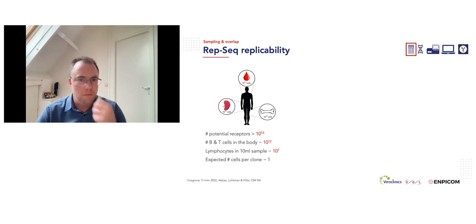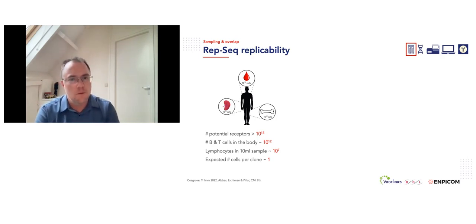All right, so what about Rep-Seq replicability or reproducibility? Before we start looking at that, I think it's good to remember what we are exactly measuring. We know that the number of potential immune receptors is of the order of magnitude 10 to the 15 or larger. The number of T and B cells in the human body is about 10 to the 12.